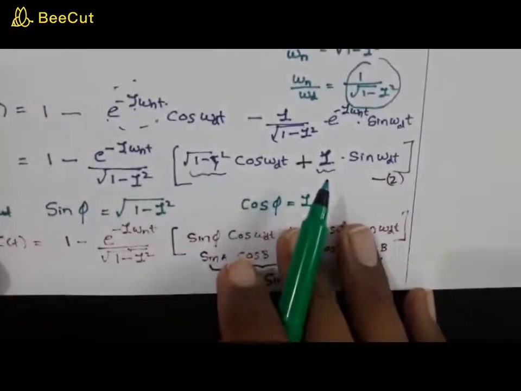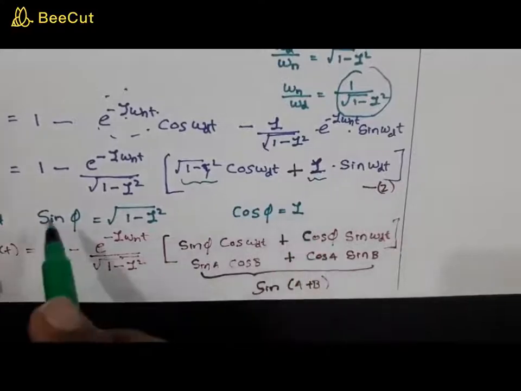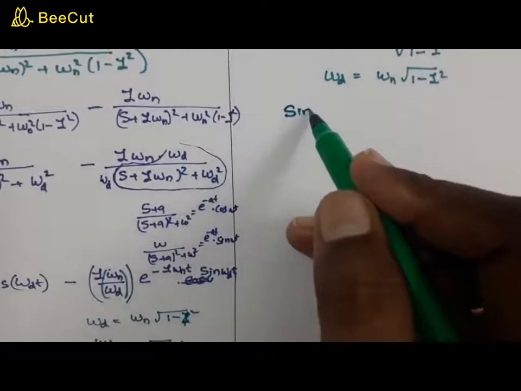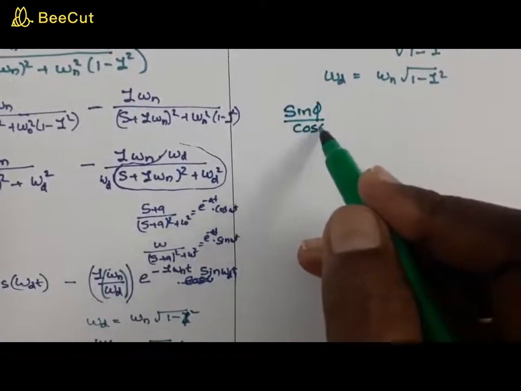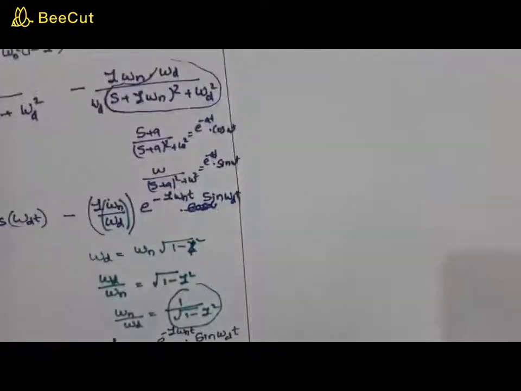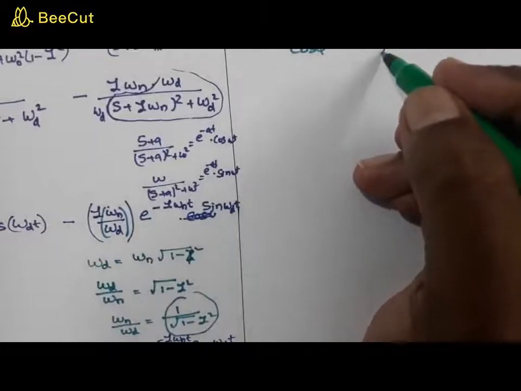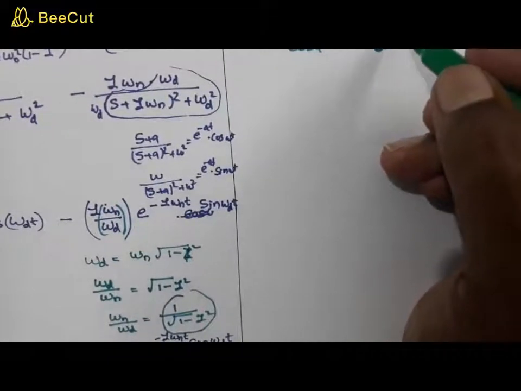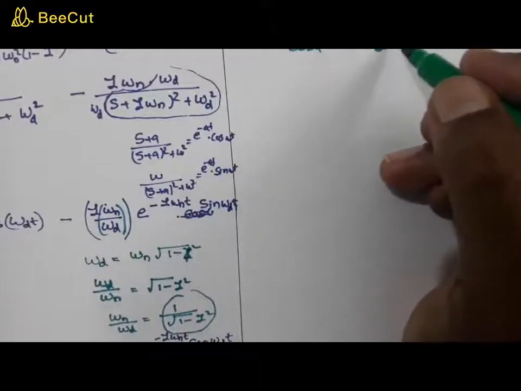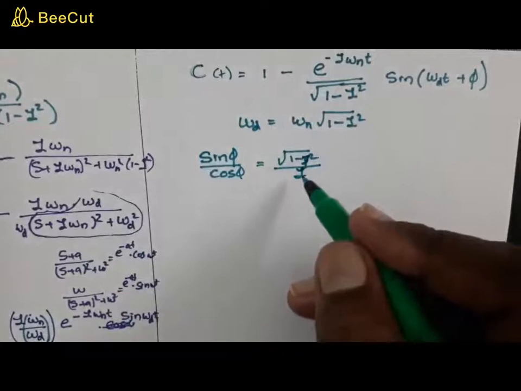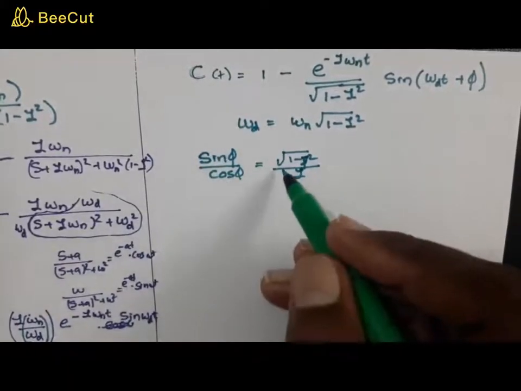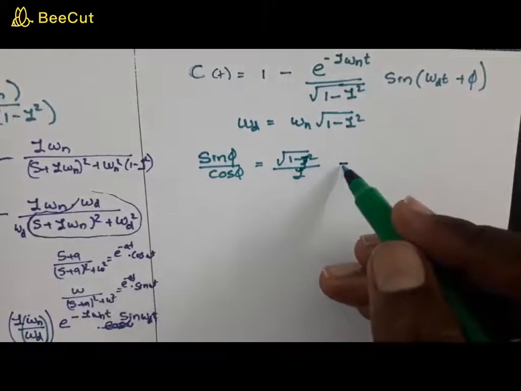And what is this phi? Sine phi is assumed to be equal to root of 1 minus theta square, and cos phi is equal to theta. So why can't you take sine phi by cos phi? Taking sine phi by cos phi, you will get root of 1 minus theta square divided by theta, which is actually equal to tan phi.